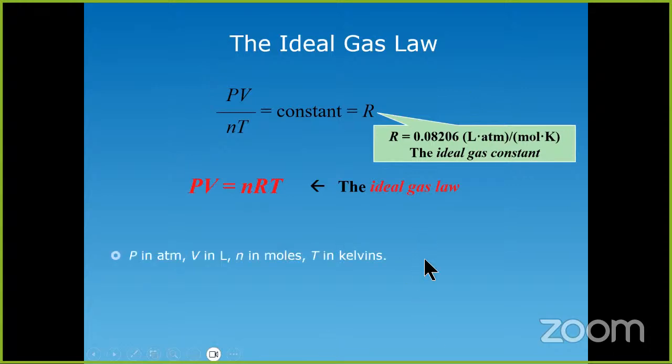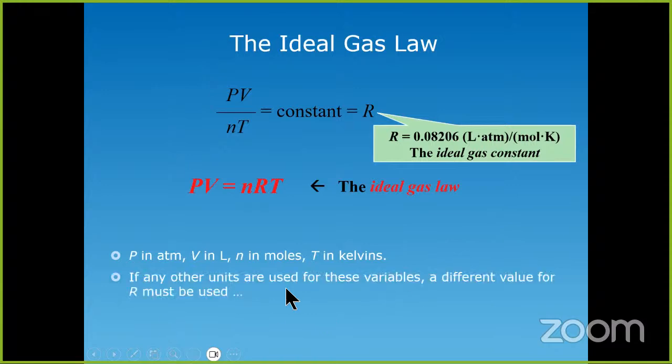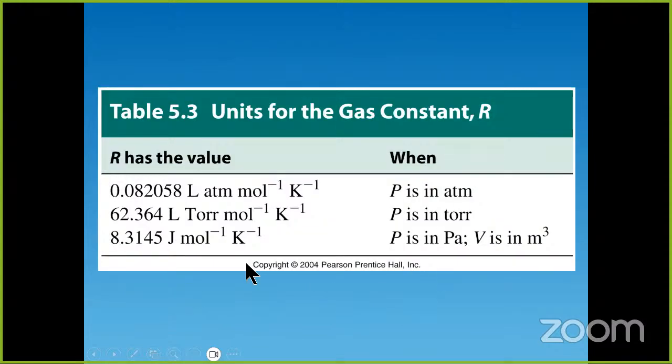Okay, so some things about this ideal gas equation. With respect to this value of R, the pressure must be expressed in atmospheres, the volume must be expressed in liters, n must be expressed, of course, in moles, and the temperature must be expressed in Kelvin, right? Now, there are other values of R which would be dependent on some other units. So let me move on to the next slide.